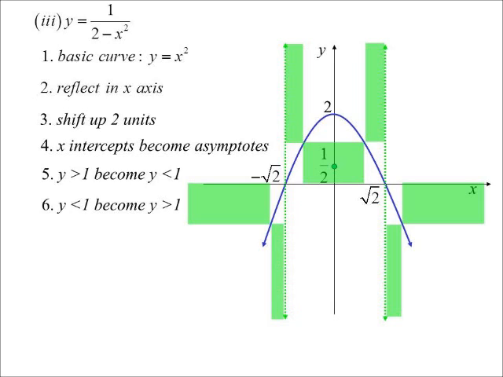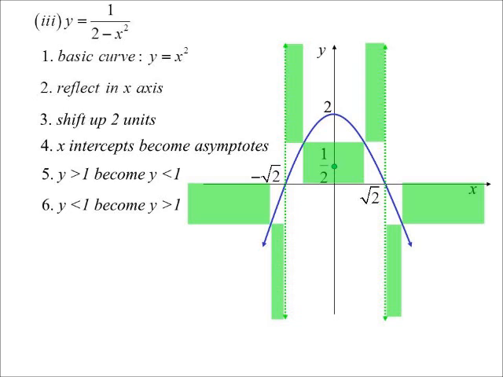So all of these y values will become greater than 1. Let's draw them in. There we go. Right. So I now know the curve will be up here, down to a half, and up.